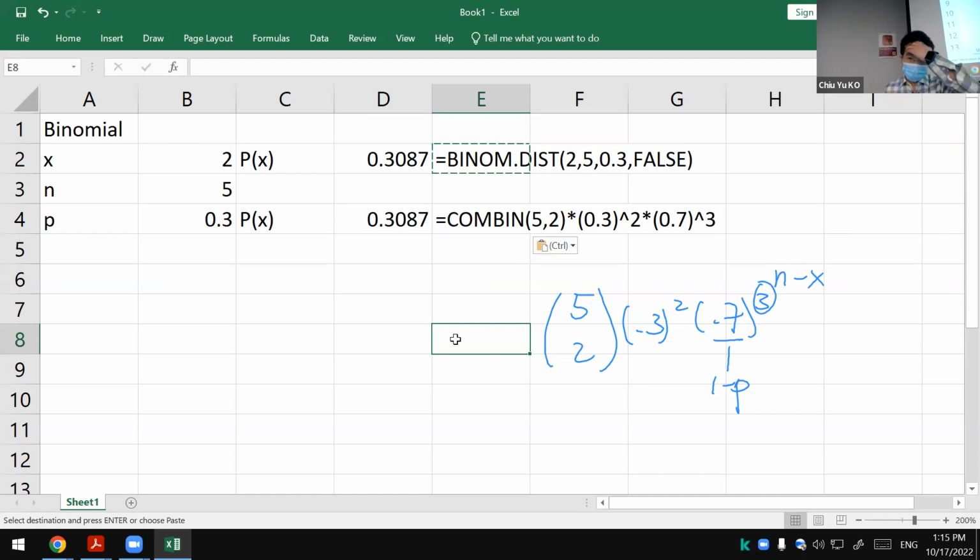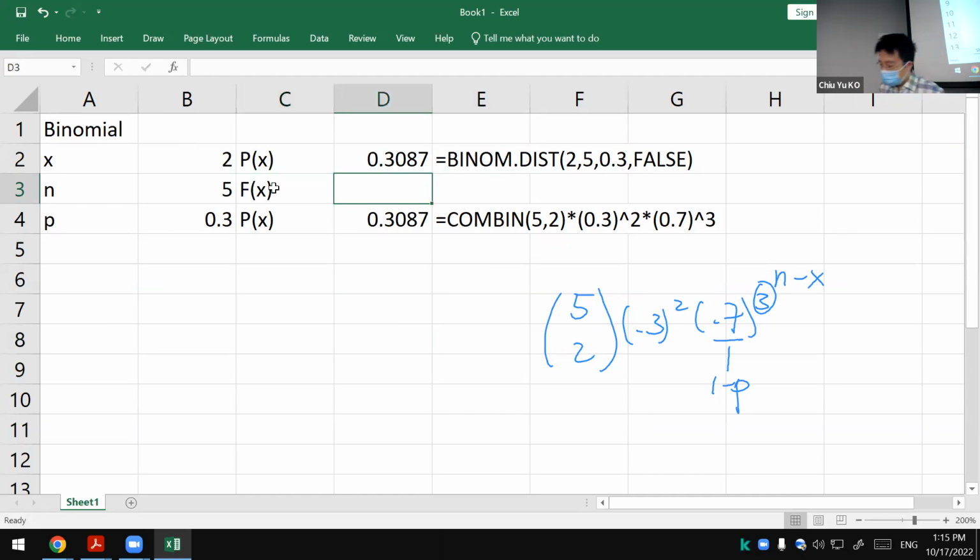Probably I want to show you the big F as well. There's a benefit of using Excel, because if you calculate the big F, you actually have to calculate 3 items: P of 0, P of 1, P of 2. Big F is the probability that 2 or fewer customers like spicy food.